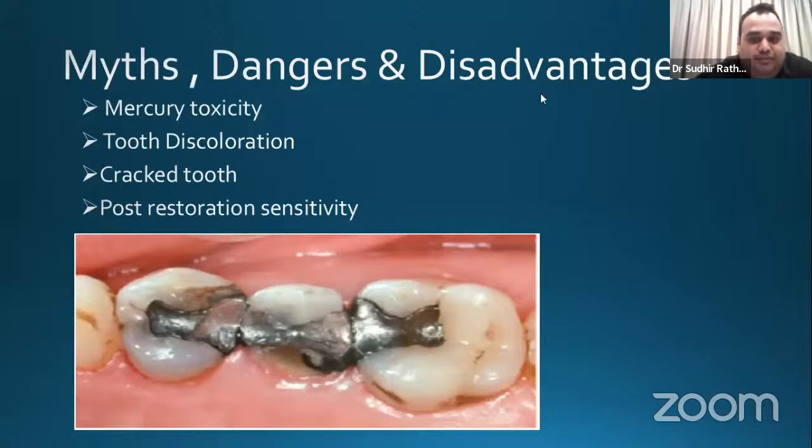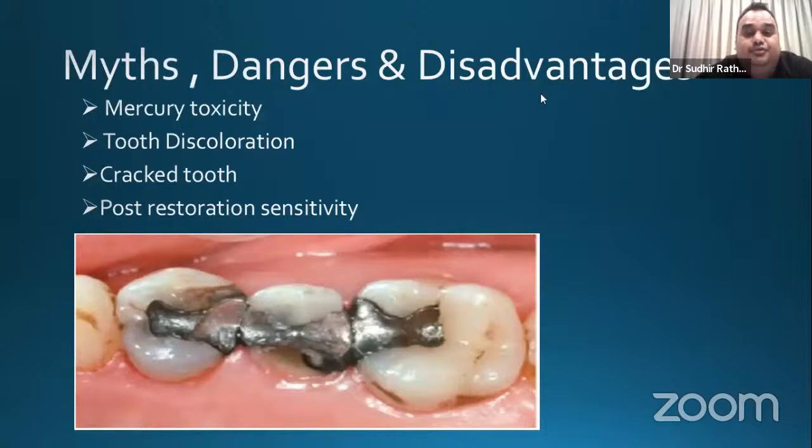Also, one of the issues with dental amalgam restorations was that when an amalgam is placed onto a cleaned out cavity, the patient might find a degree of sensitivity thereafter.